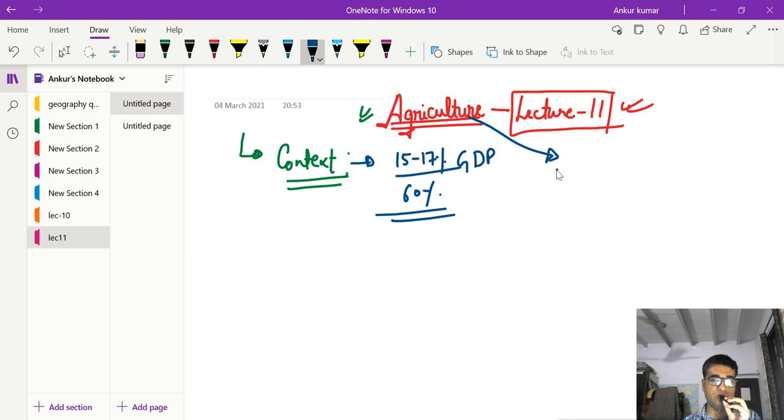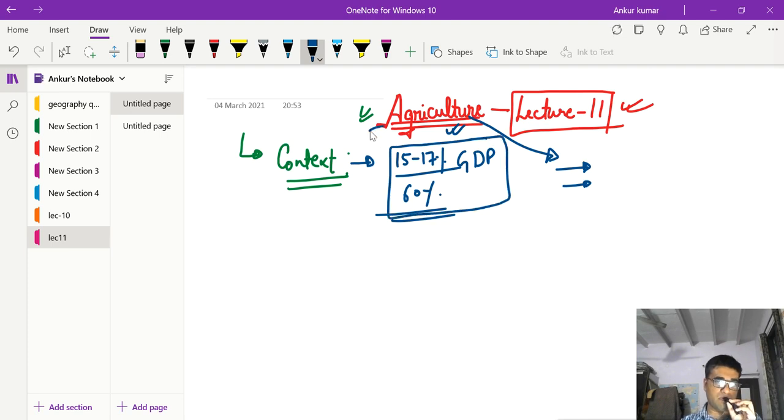We will also study other activities, whether cattle farming or pisciculture, that is fish farming. White revolution, yellow revolution, all those terminologies we will also study in agriculture. So this is the main background here.